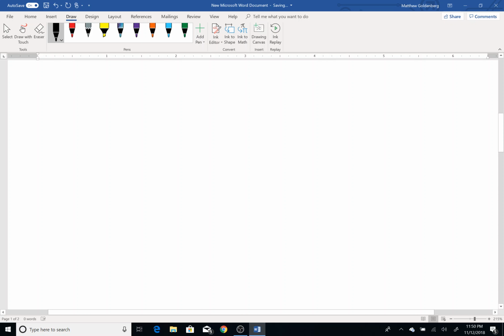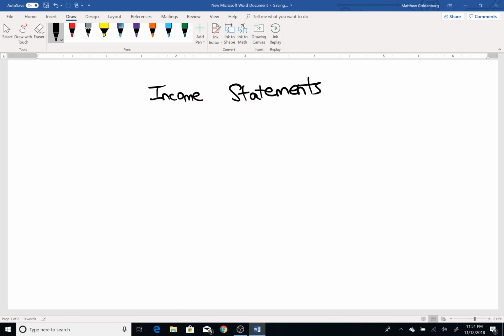So the accounting equation for income statements, if you were to memorize it, you would have debits, you would have credits.